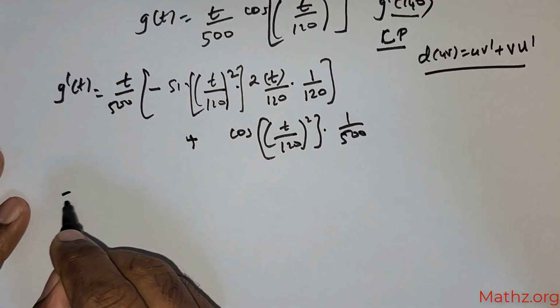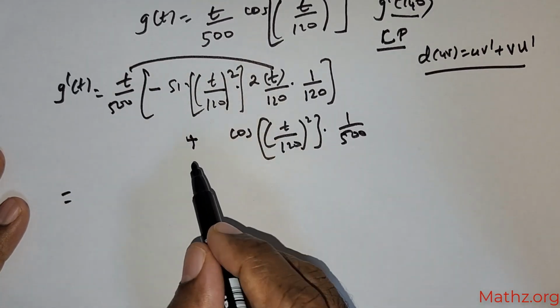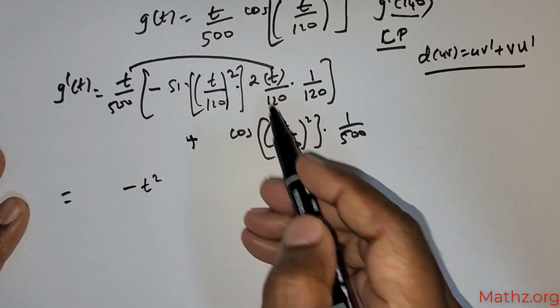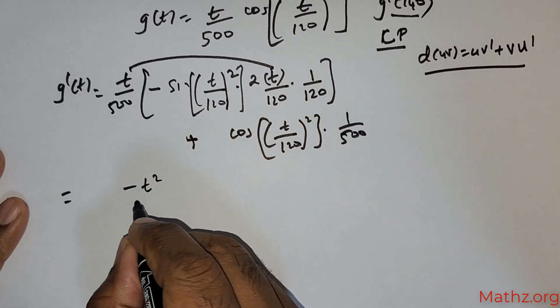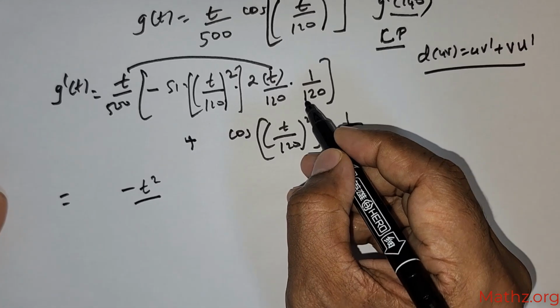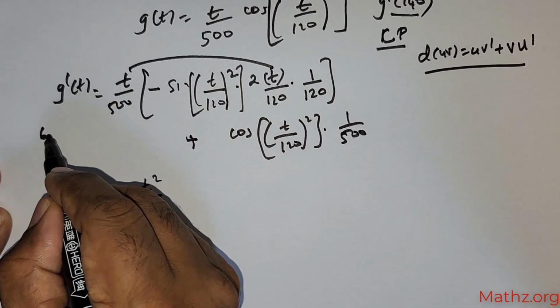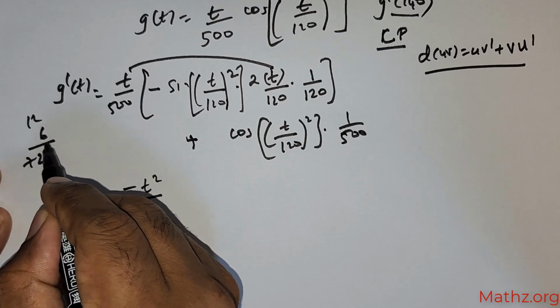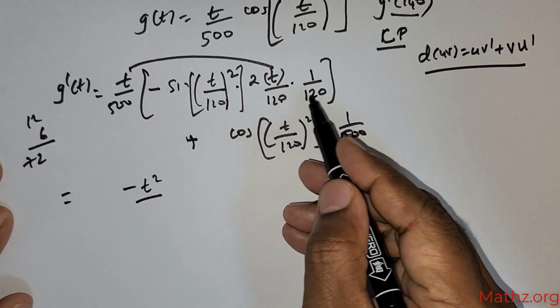This can be further evaluated by multiplying t into t. That's t squared, negative sign, 2 divides here 60 times. So I have 60 with 120. So 60 with 120. This is going to give me 72. Right? You have a 0 and a 0.